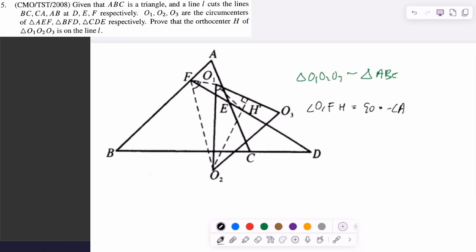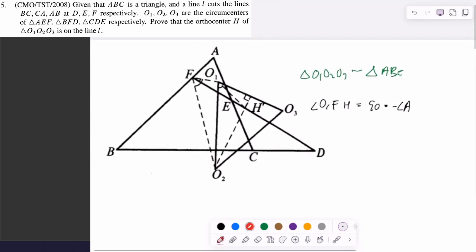Okay, and on the other hand, you can look at the other circumcenter, which is this one, O2. From the POV of O2, this angle HO2O1 is equal to 90 degrees minus this angle.